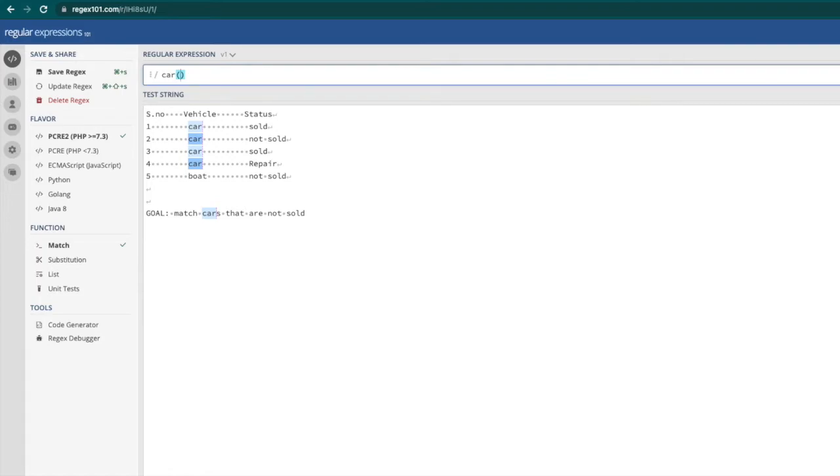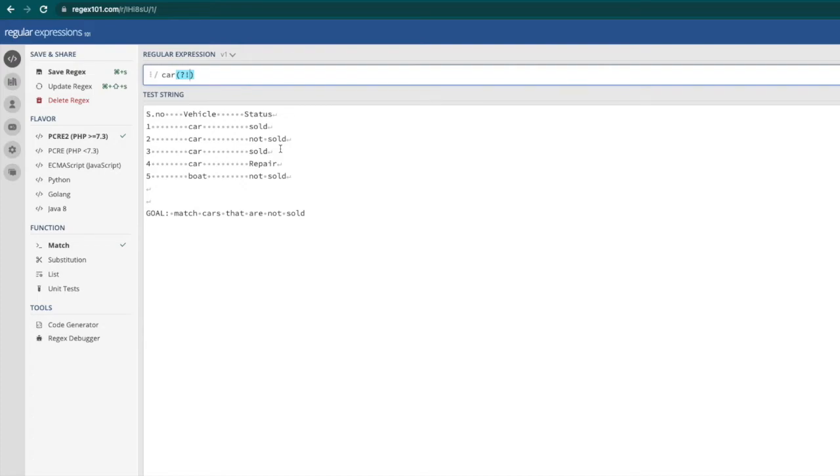Look aheads are not captured. In the positive one, we used a question mark and equal sign. But in this one, we are going to use a question mark and an exclamation sign, meaning not, in most programming languages, I would say. And then you can add your regular expression.